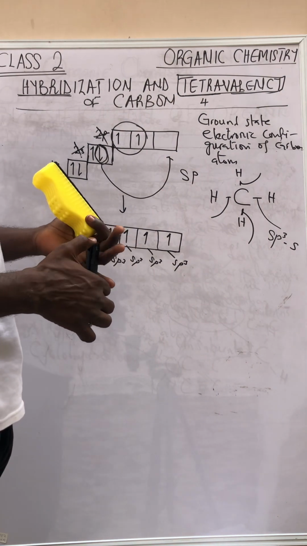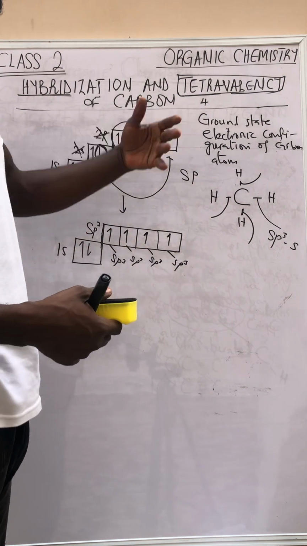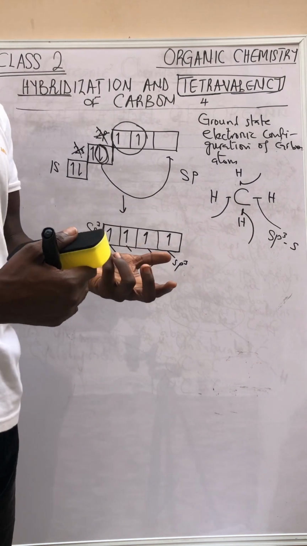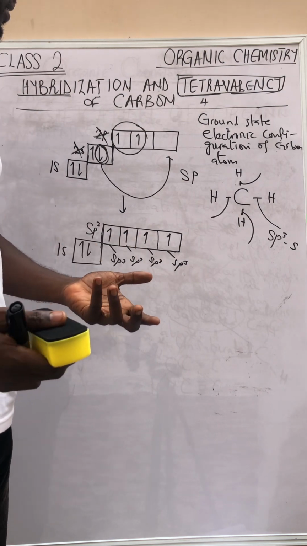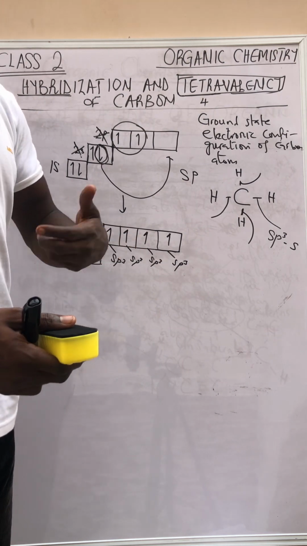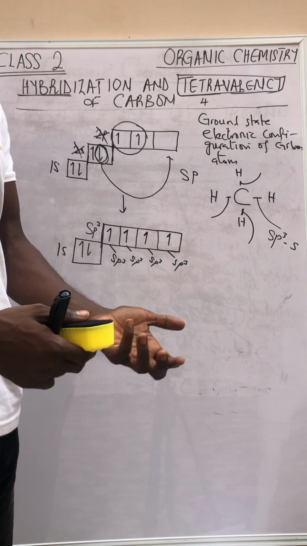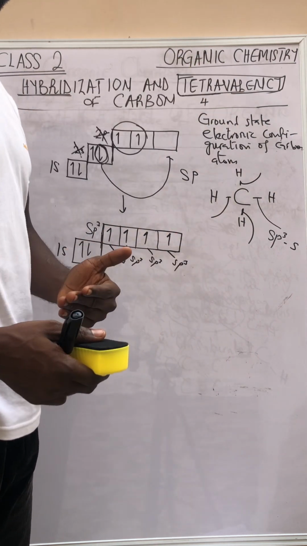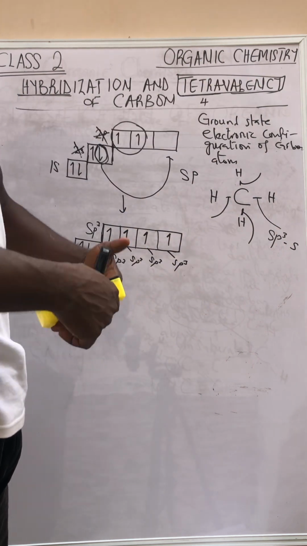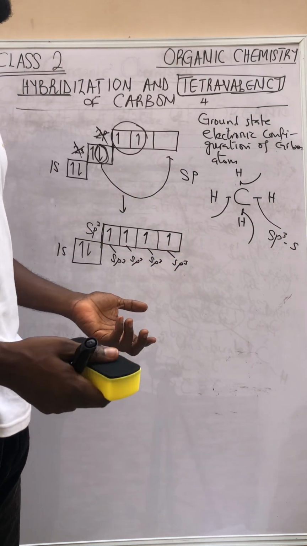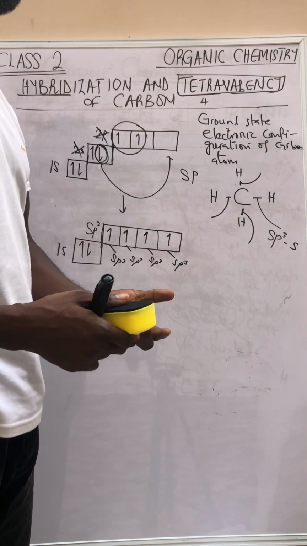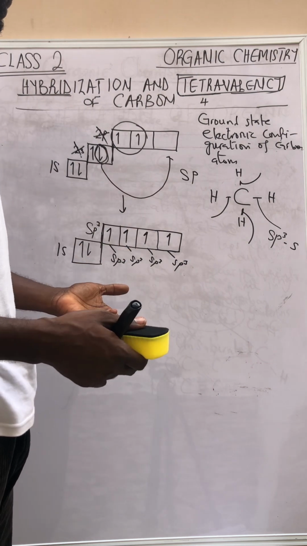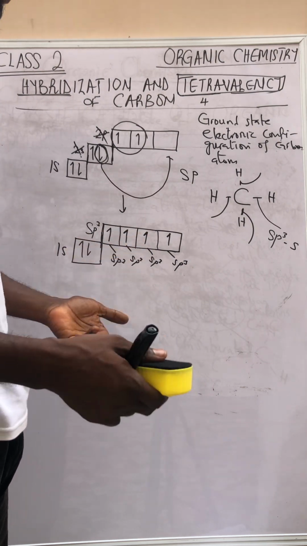So this is just what we need to know about hybridization. We have explained that hybridization simply means a mixture of two orbitals to produce a hybrid orbital of another character. Tetravalency means, tetra means 4, valency means outermost electrons, so tetravalency simply means 4 electrons in the outermost shell of the carbon atom.